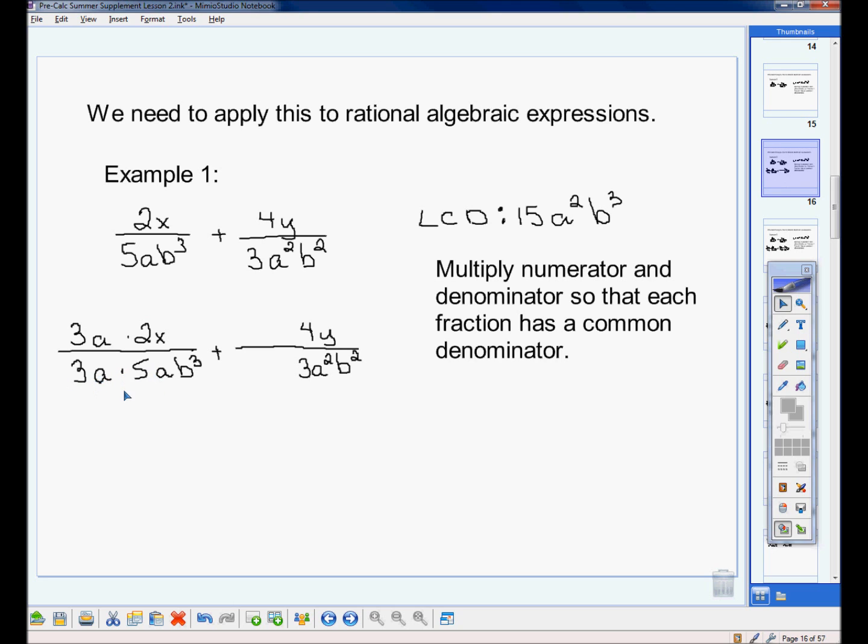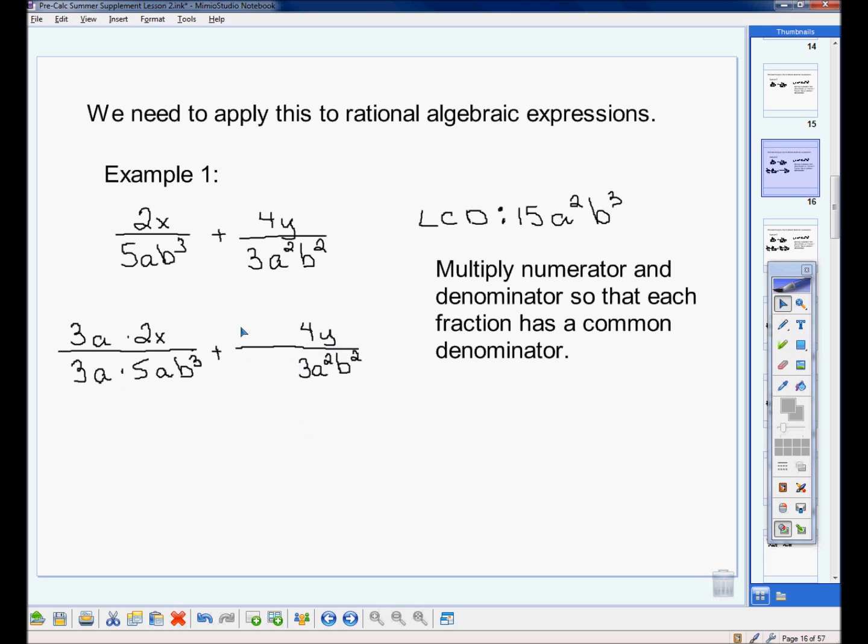That'll give us 15a squared b cubed in the denominator here. And you can always multiply numerator and denominator by the same thing. It's really nothing more than multiplying the whole expression by 1, so it doesn't change its value. But what it does do is it allows you to be able to put these two together.